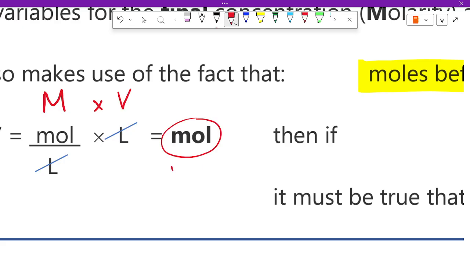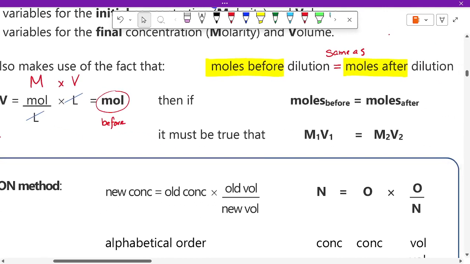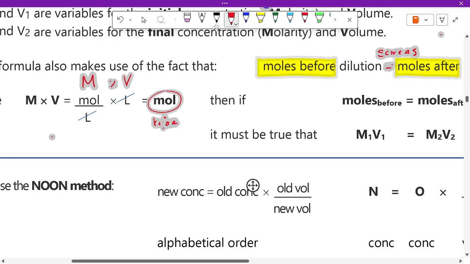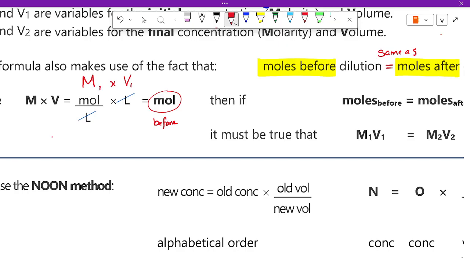And this is my moles before. And my moles after is also going to be M2 V2, moles per liter times liters, equal to moles after.